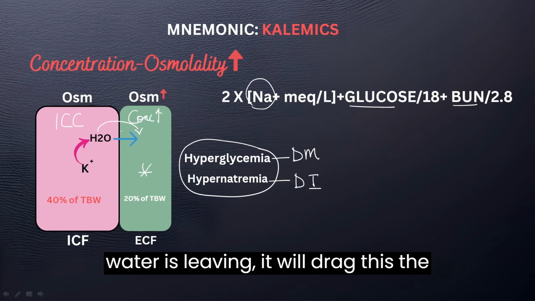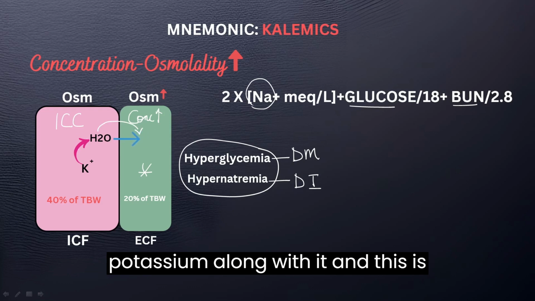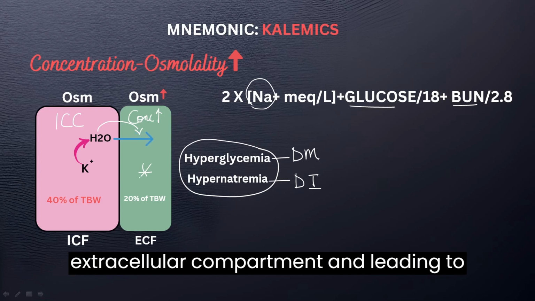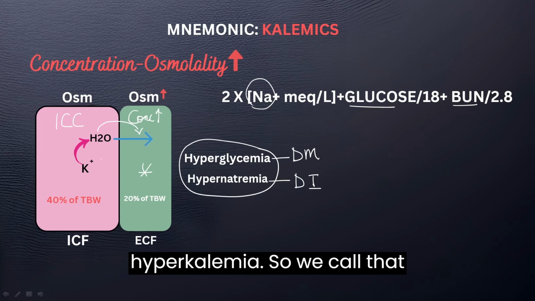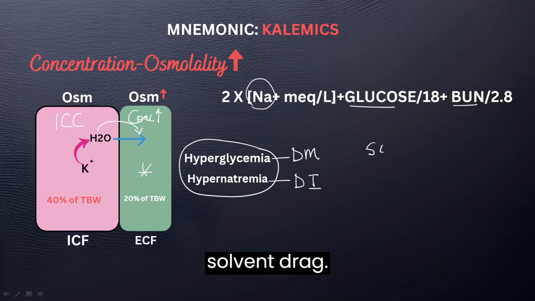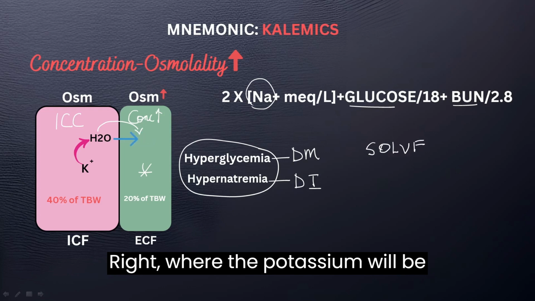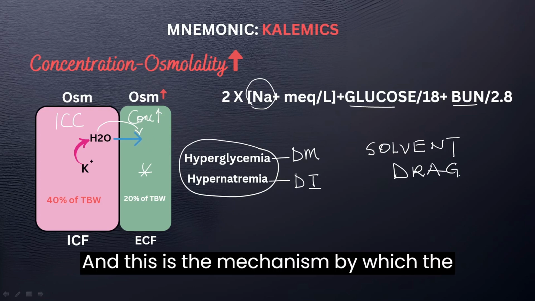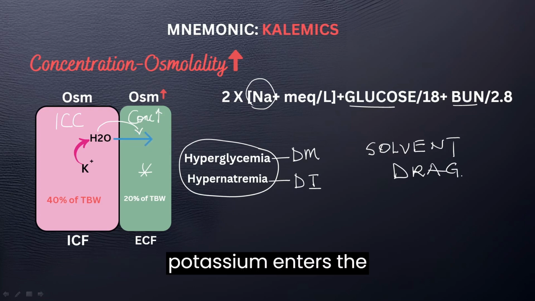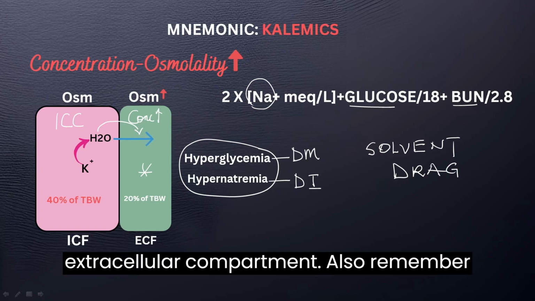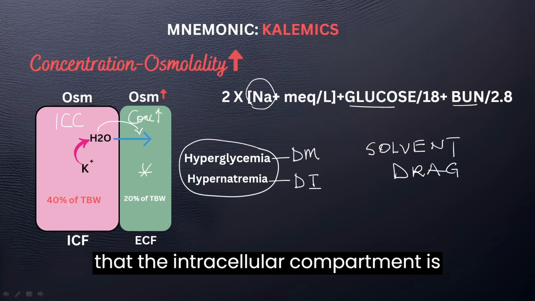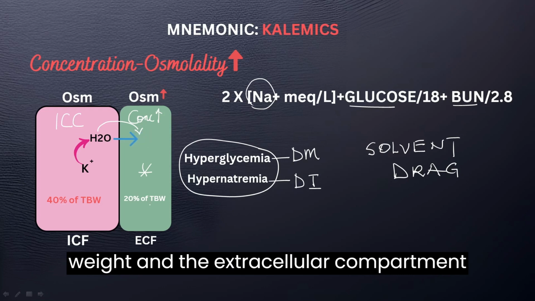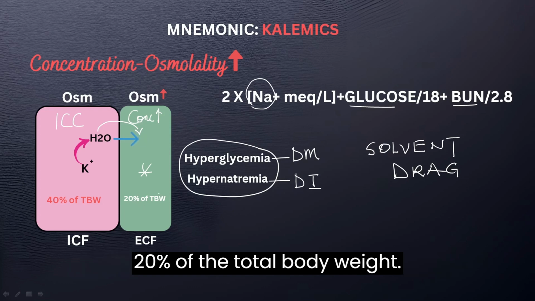When the water is leaving, it will drag the potassium along with it. And this is how the potassium ends up in the extracellular compartment, leading to hyperkalemia. So we call that solvent drag, where the potassium will be dragged along with the water. Also remember that the intracellular compartment is made up of about 40% of the total body weight and the extracellular compartment 20% of the total body weight.